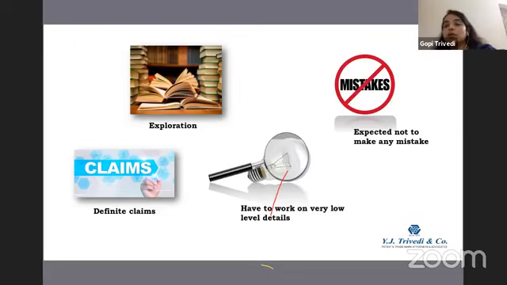But what is a little new for you is that you are not expected to make any mistakes. Like if you publish and then you file the patent application, this is a mistake that is not allowed. So various mistakes are listed here which are not supposed to be made by you if you want to get a grant of patent. And when you write the claims, it has to be really definite. So these two segments are something new for those who are filing a patent application for the first time.